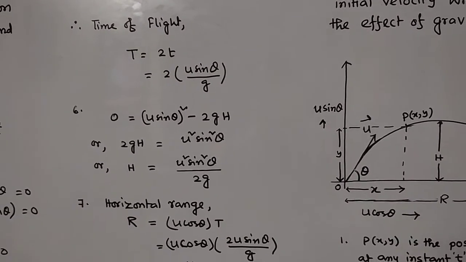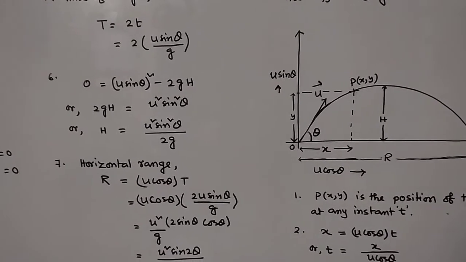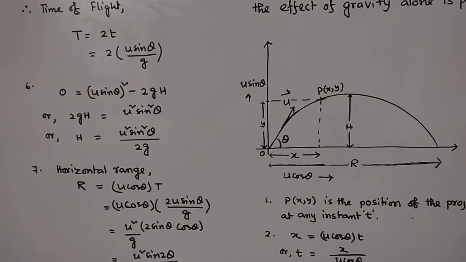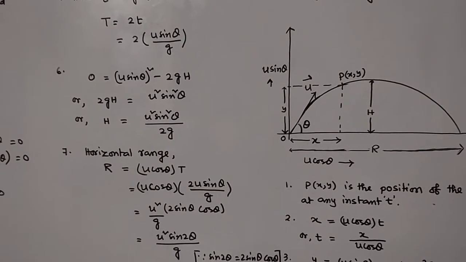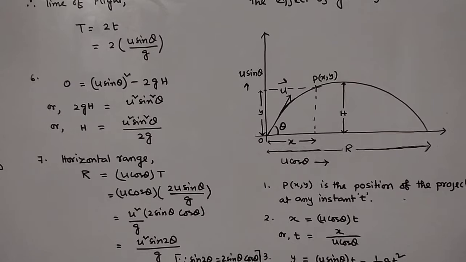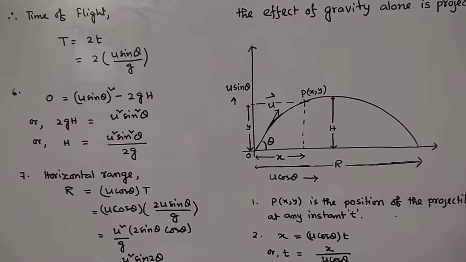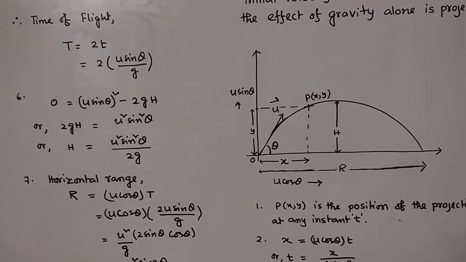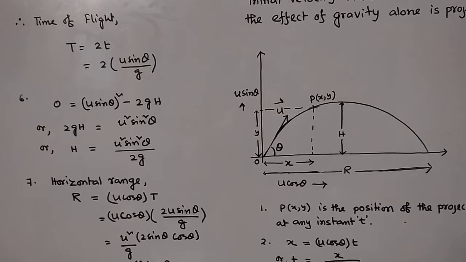Now horizontal range. Already we have said the horizontal distance traveled during the journey is nothing but the horizontal range. So again we are going to use the equation s equal to ut, or distance equal to speed into time. R is the horizontal range, the horizontal distance traveled during the time of flight.